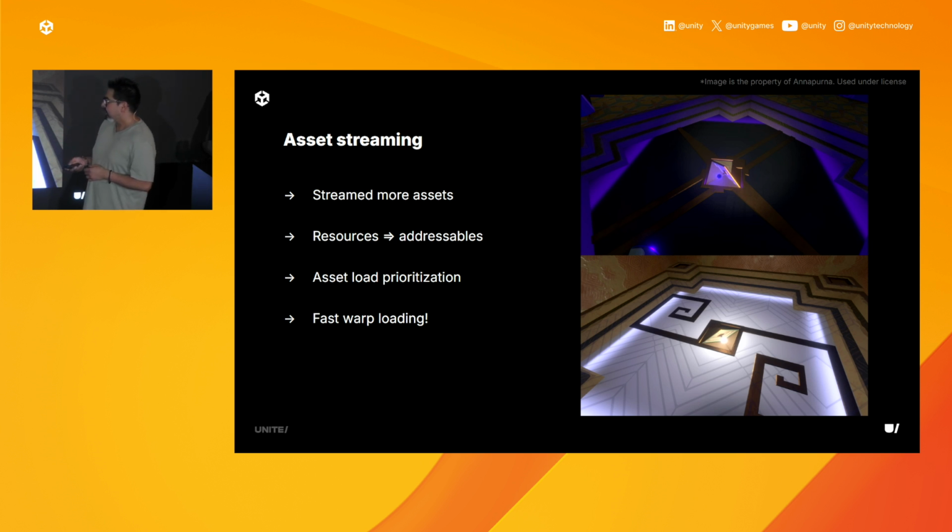Asset load prioritization, simply put, was a list of prioritized meshes in an asset bundle that would get loaded in before anything else. This made it much easier to maintain the player experience. And the best example of this is fast warp pads, where a player would get teleported from one planet to another.